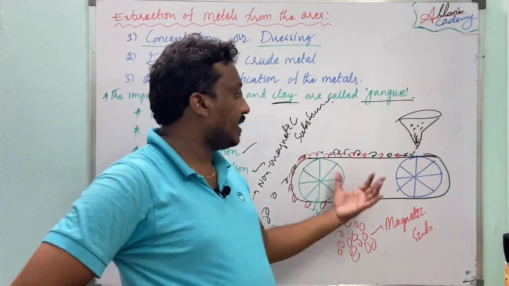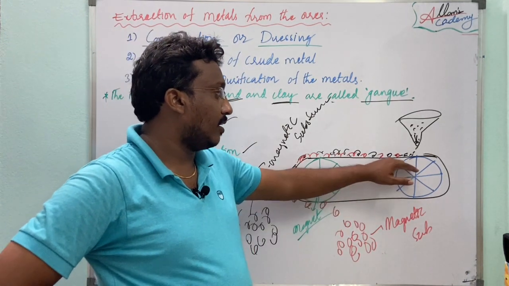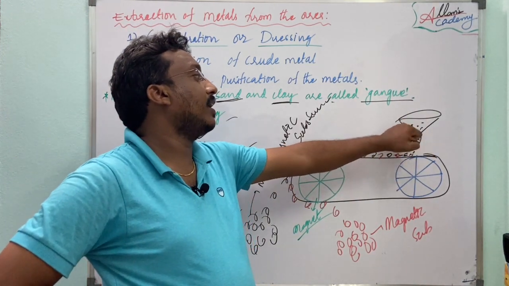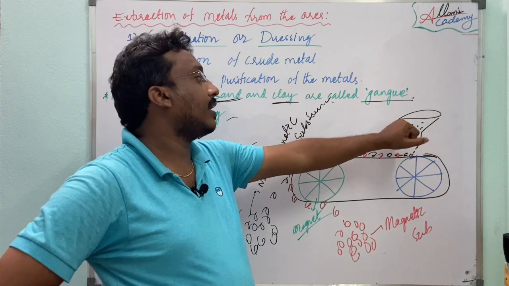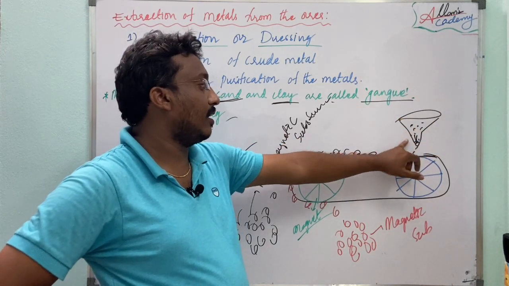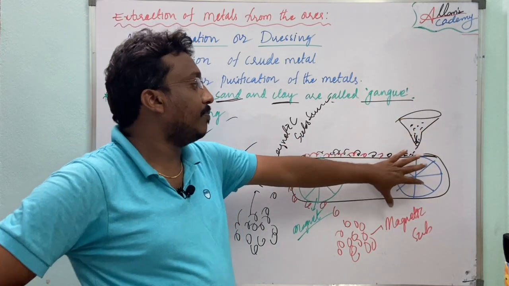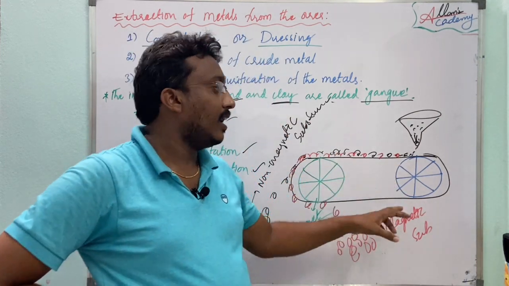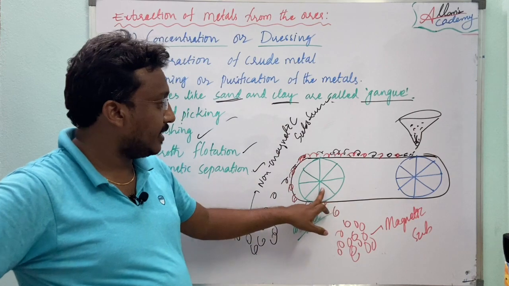Very simple. Magnetic separation contains a belt. On the belt, the finely powdered, crushed ore is dropped. The belt moves with the help of two wheels, and one of the wheels is magnetic.